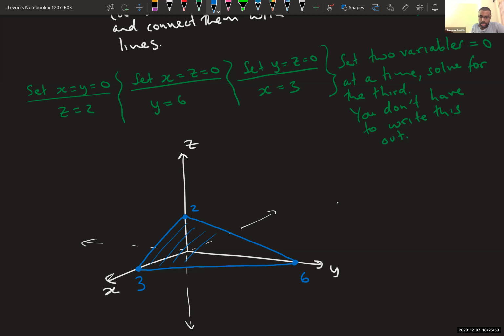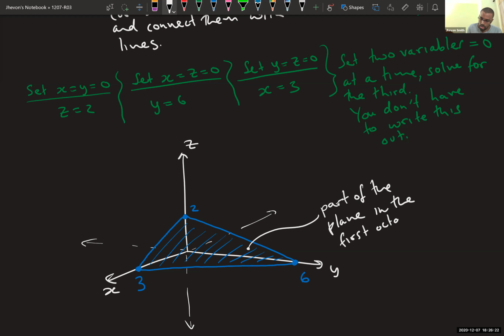So that's your plane. At least that's the part of the plane slicing through the first octant, which is often where you're going to want to draw things anyway. And of course, this is a plane.